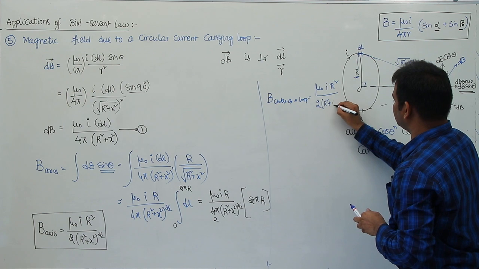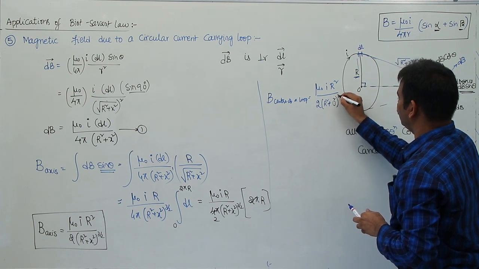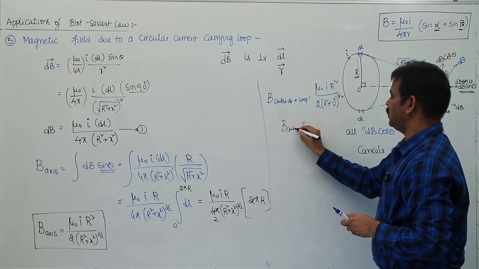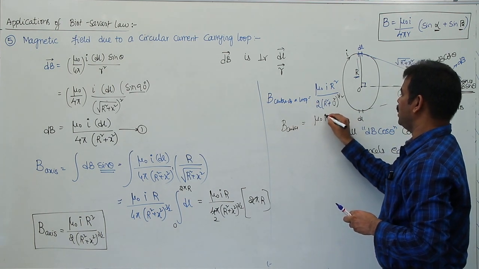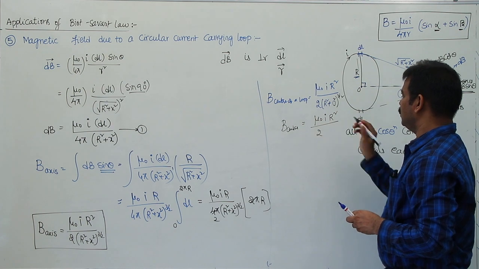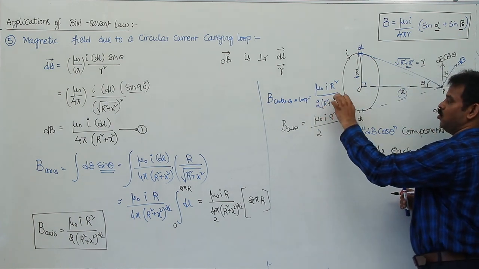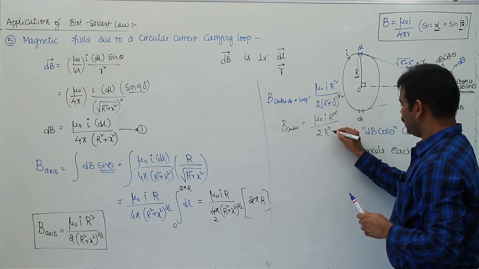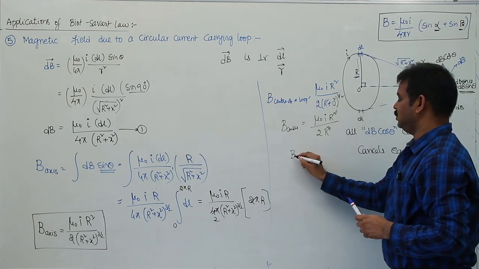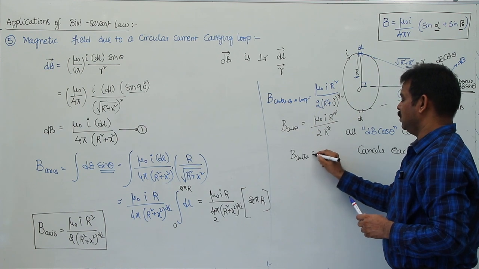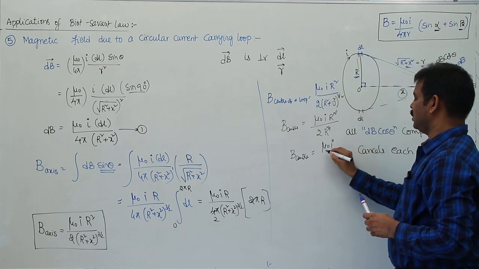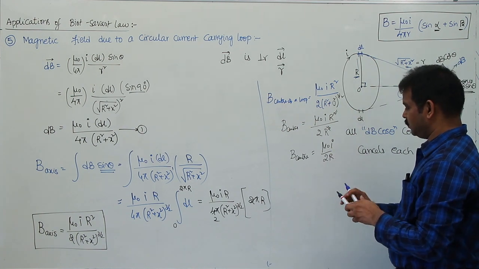So the magnetic field at the center of a loop is given by mu naught I r square by 2 into r square whole power 3 by 2, which is r cube. So r square and r cancel. This is a very very important expression. The magnetic field at the center of a circular loop is given by mu naught I by 2r.